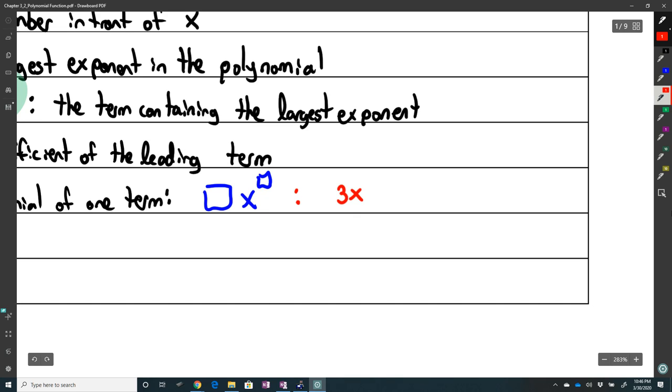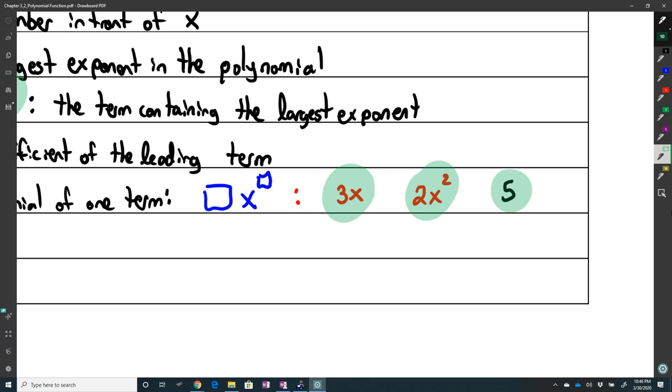That's an example of a monomial. Or another example could be 2x squared. Or even something as basic as 5. Okay, so those are all examples of monomials. It's just a single term, and that's it.